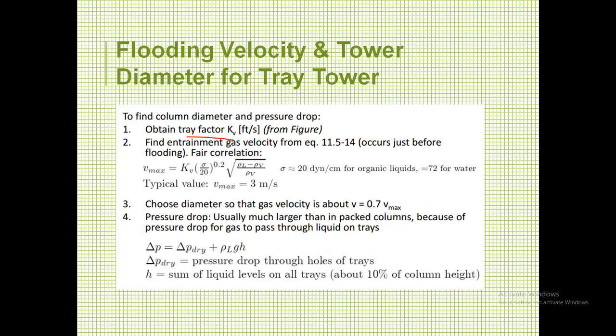For tray column, it's 70% of the computed maximum linear velocity. Okay? So that's in the case of determining the diameter of our tower or our column, whether we are talking about gas absorption or stripping processes.